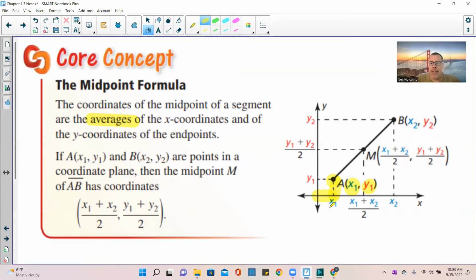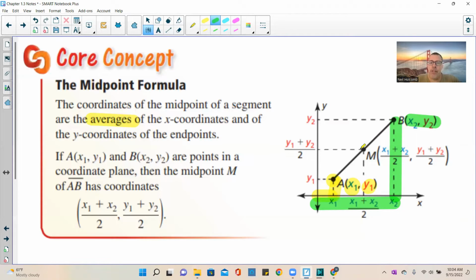That puts me at A. Then you take the point x2, y2, which is point B. So if I go over to x2 and up to y2, that gives me the point x2, y2. And that is B. Okay, so x1, y1 is point A, and x2, y2 is point B.